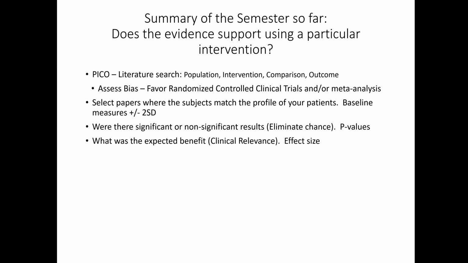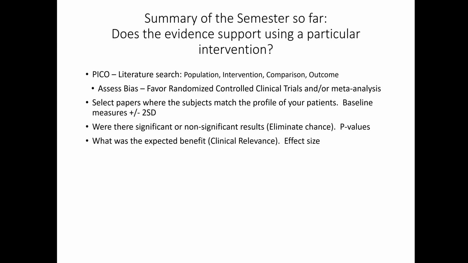Okay, so far in this semester we have looked at searching the literature using PICO, Population, Intervention, Comparison and Outcome. We assess bias, favor randomized control trials and/or meta-analyses. We select papers where the subjects match the profile of our patients.